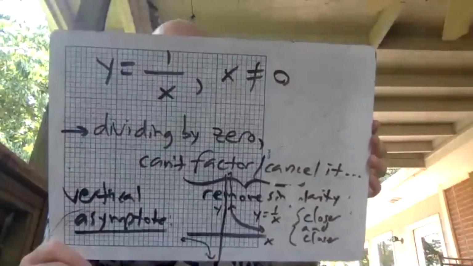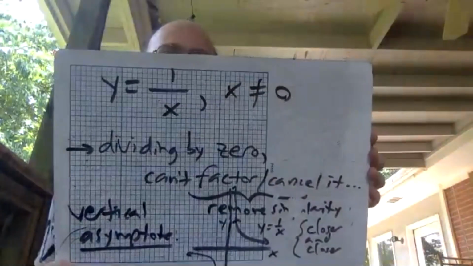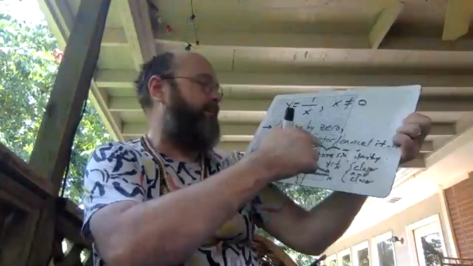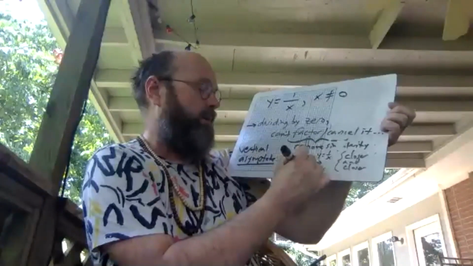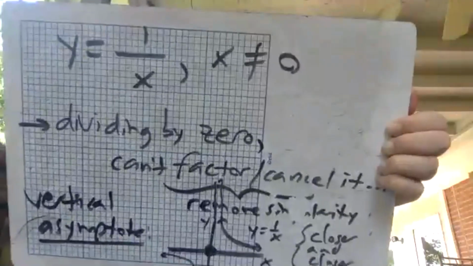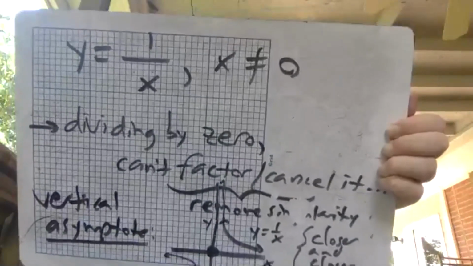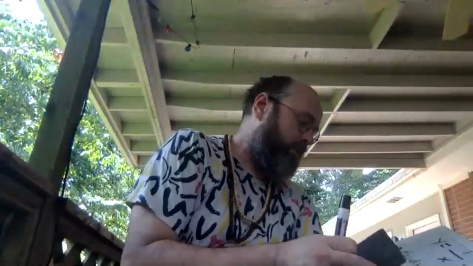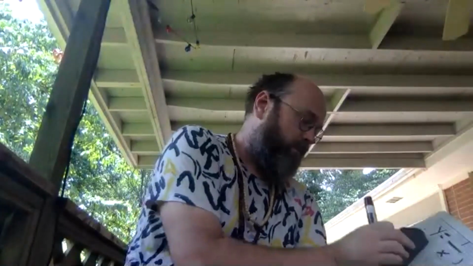You can't let x be 0. That's the force. The force that's pushing back is the fact that you can't divide by 0 at that point. It's creating like a force that's pushing against those functions. That's the way I'm seeing that. It wants to cross the y-axis, but it can't. So dividing by 0 gives you vertical asymptotes.